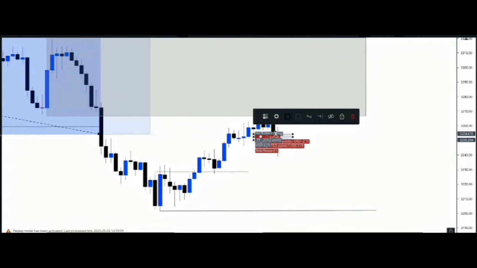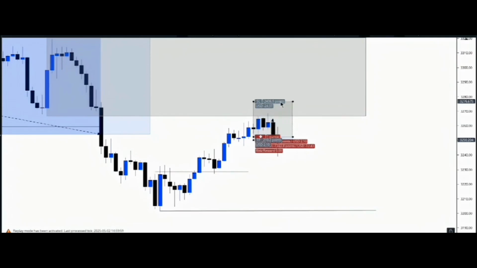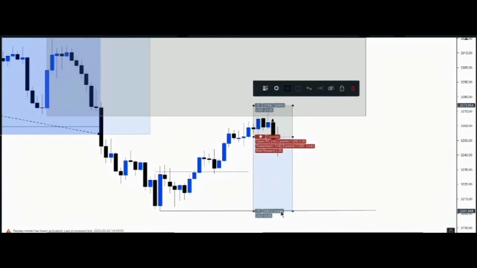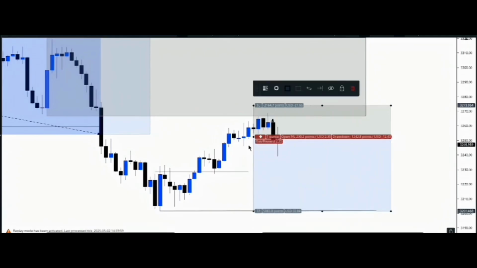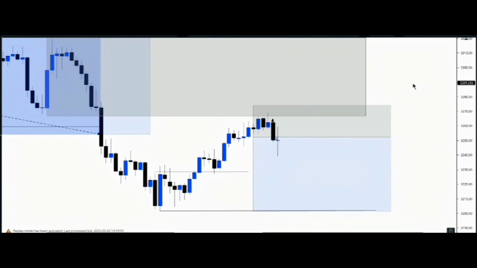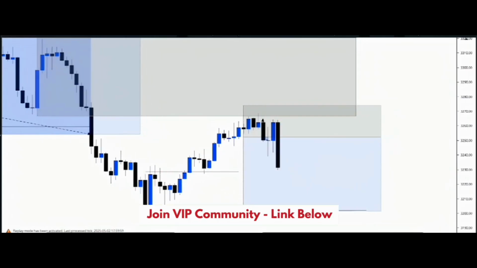Stop loss just above, give a buffer, and our TP below here. This is our external liquidity, and that's pretty much it. Okay, so let's see what will happen if it's going our way.